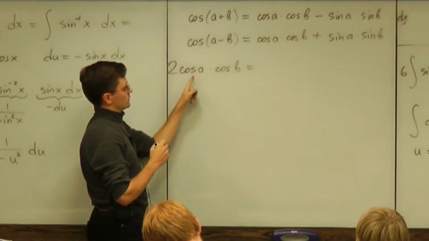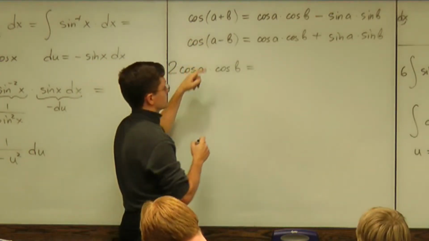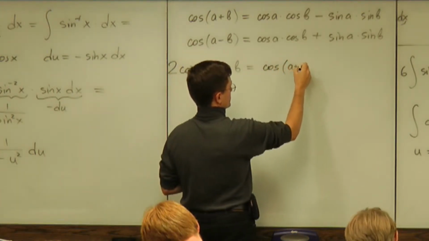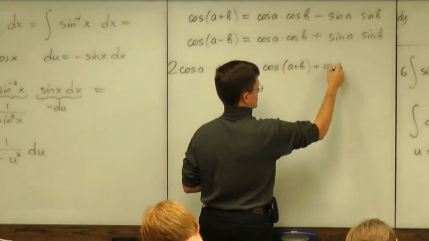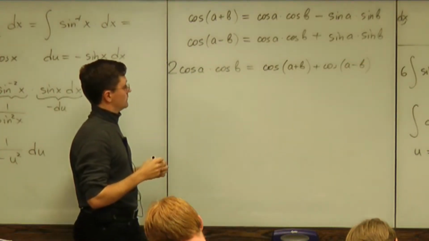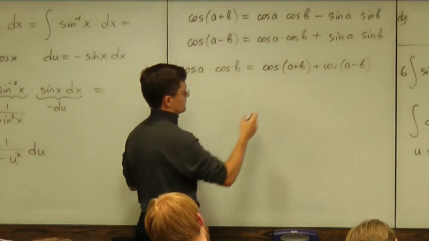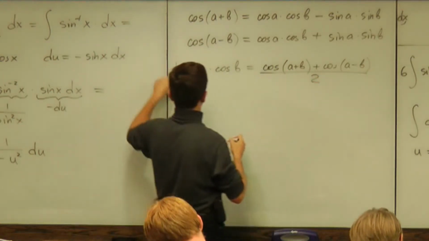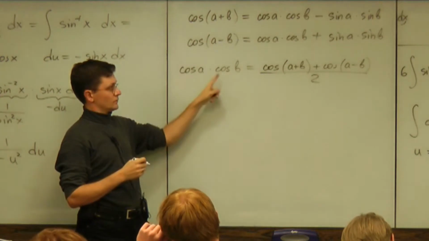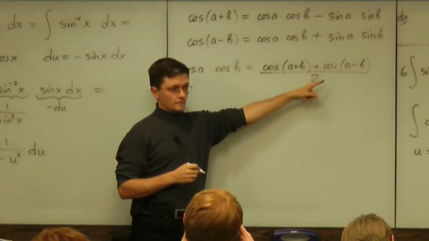And I will have the product of cosines expressed as cosine of A plus B plus cosine of A minus B. And if I divide by 2, I will have the expression of the product in terms of the sum.